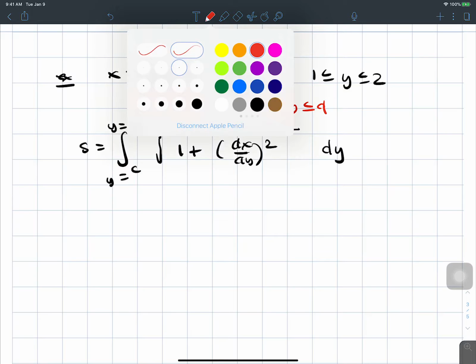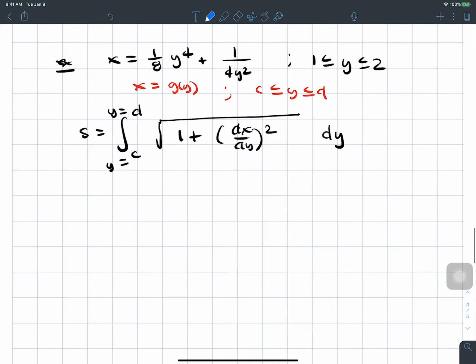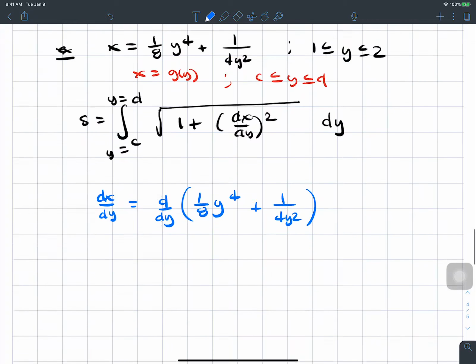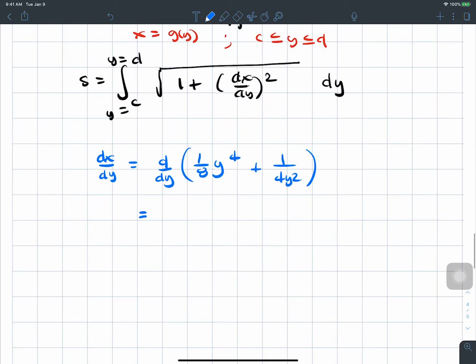All right, we need to do the derivative work here. So dx/dy becomes d/dy of 1/8 y to the 4th plus 1/4 y to the minus 2. Properties of derivatives.